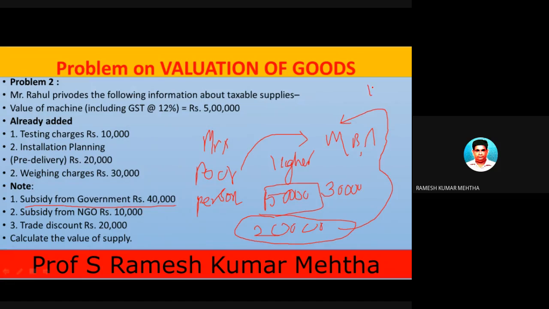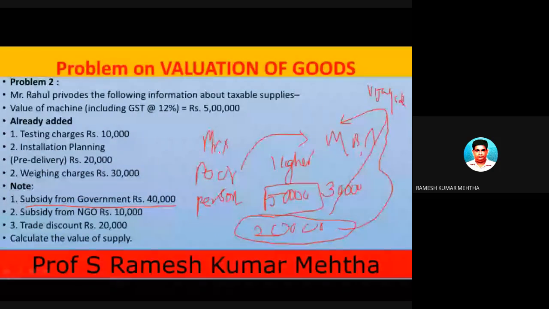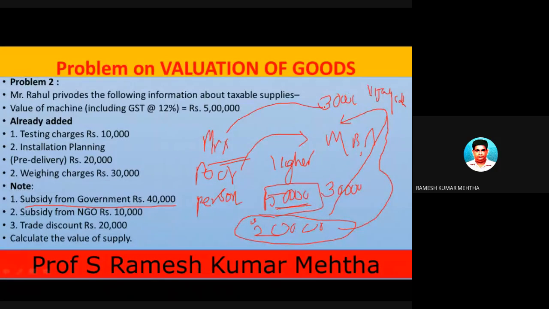For example, Vijay Sales. So Vijay Sales and the government have an understanding that you take from Mr. X only 30,000 rupees, and don't take the 20,000 rupees, because the selling price is 50,000 rupees, but take from him only 30,000 rupees, and the balance 20,000 will be paid by the government to Vijay Sales on behalf of Mr. X. So the transaction value is only 30,000 rupees, and it should not include this 20,000 rupees.